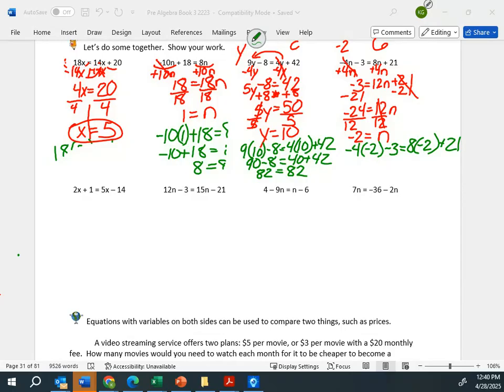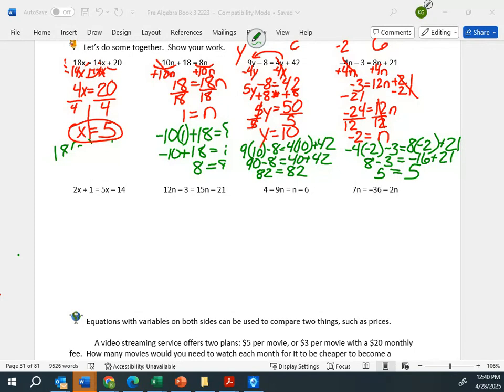So -4 times -2 is a positive 8 minus 3. 8 times -2 is -16 plus 21. 8 minus 3 is 5. -16 plus 21 is 5. 5 does equal 5. It balances out.